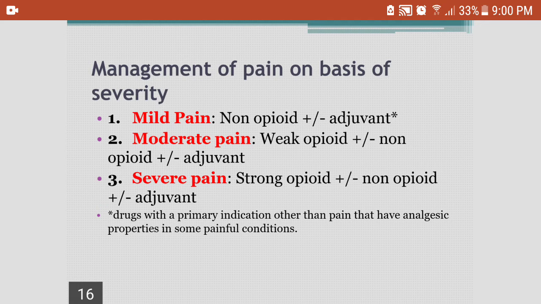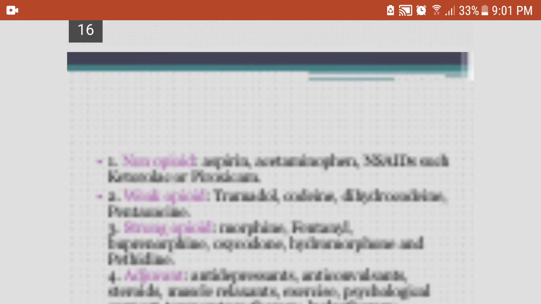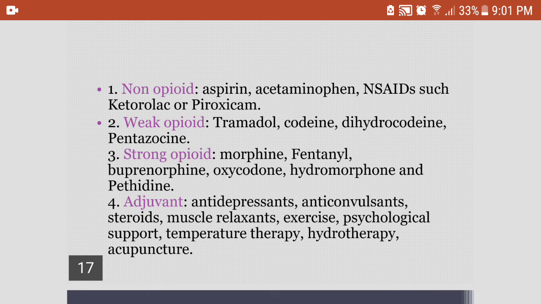For moderate pain, however, we use weak opioids, with or without non-opioids, or with or without an adjuvant. Weak opioids include codeine, tramadol, and dihydrocodeine.